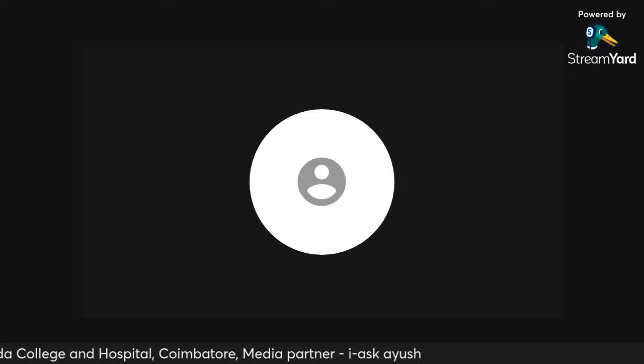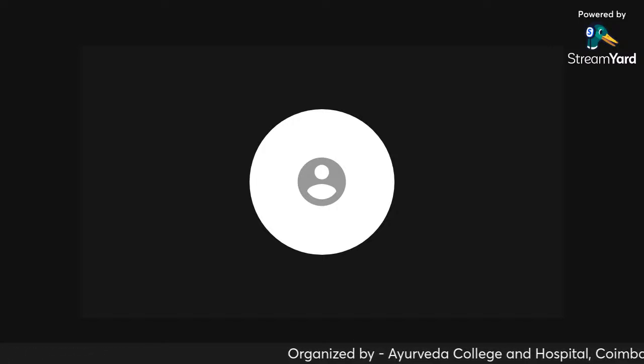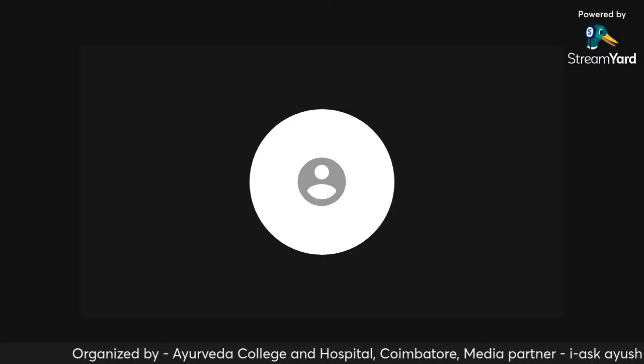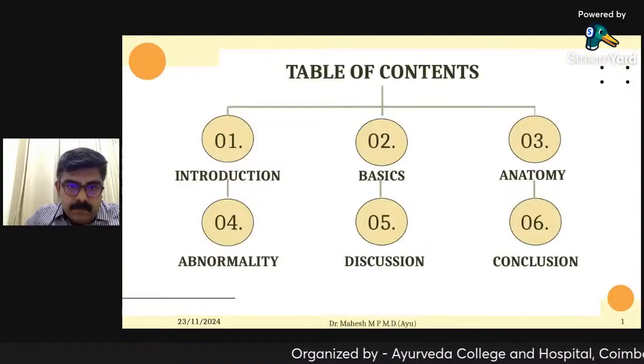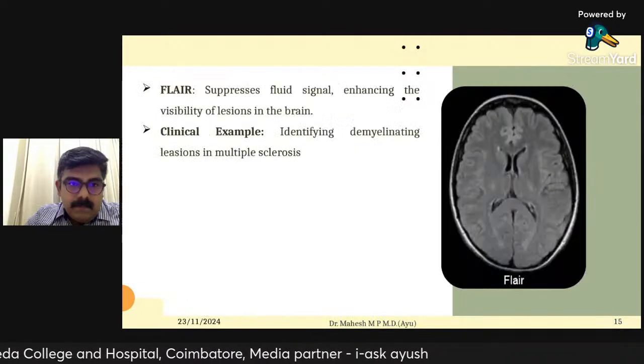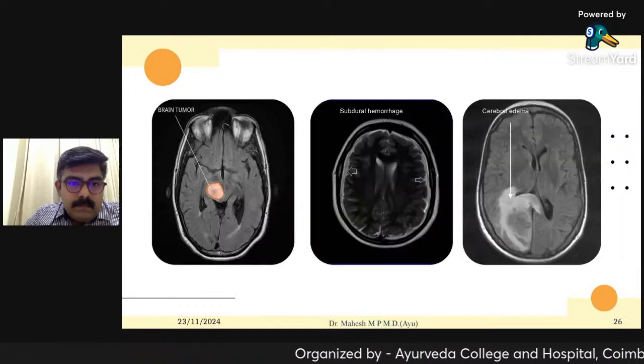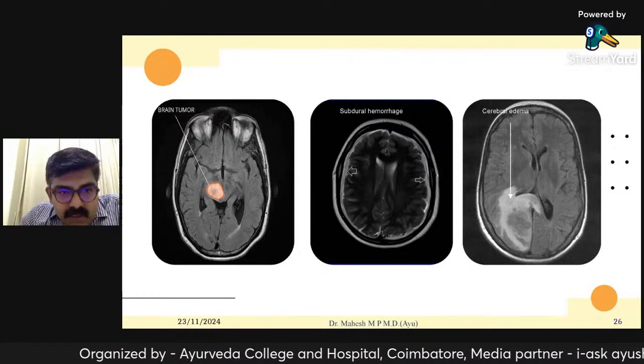We can see here a brain tumor; the first one is mainly highlighted.